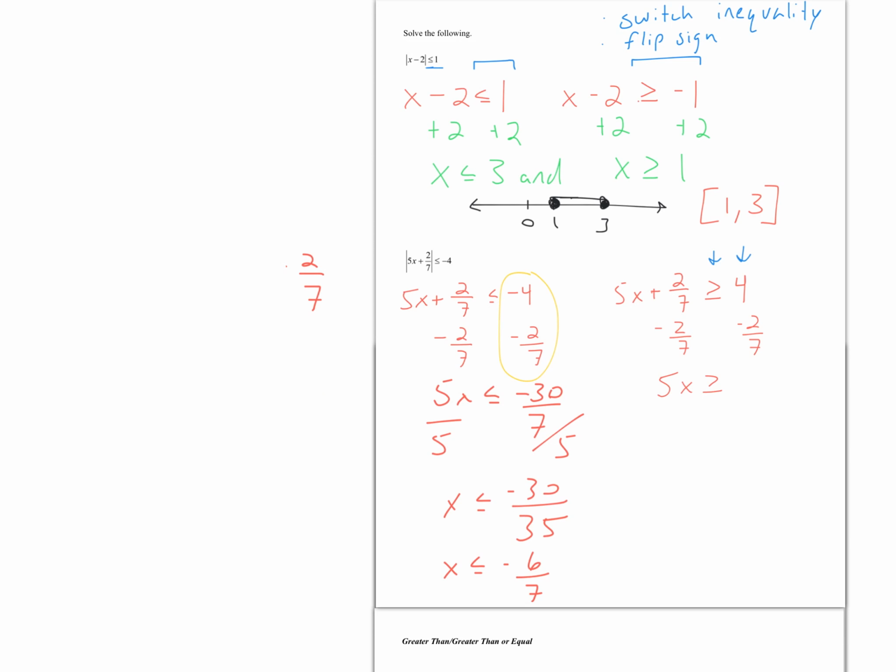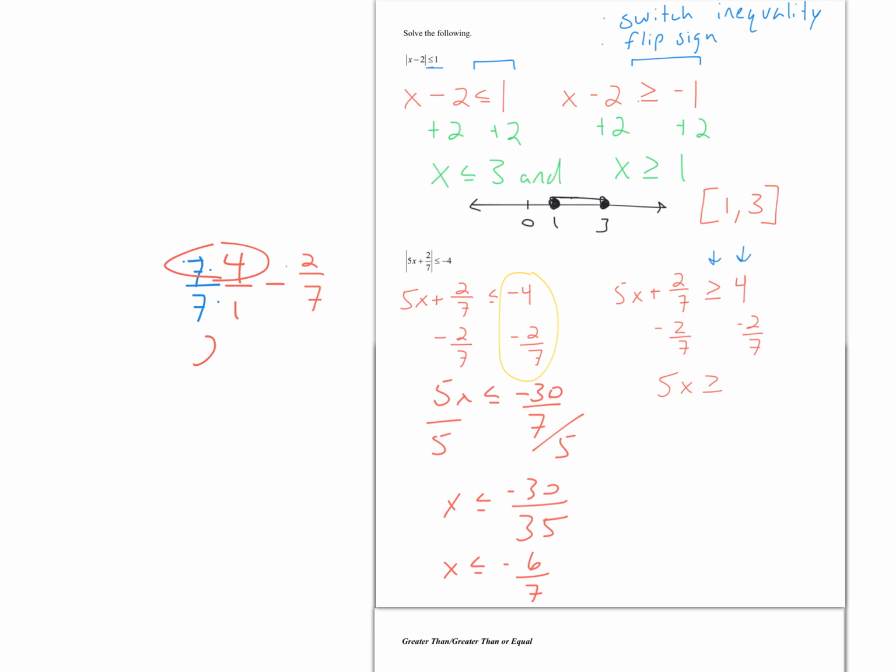So I have 4 over 1 minus 2/7. Common denominator is still 7, so that first fraction needs multiplied by 7 over 7. We'll multiply across the top.